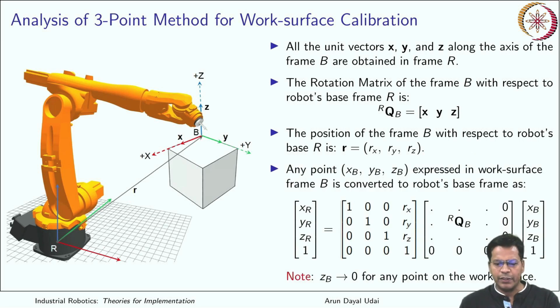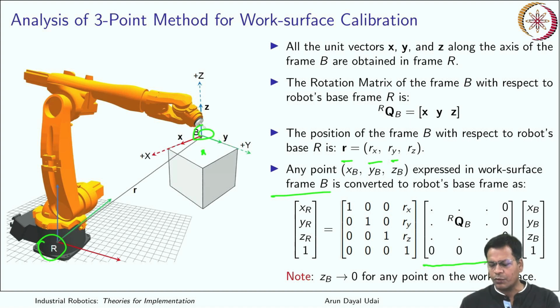So any point with respect to this frame, that is xb, yb and zb, expressed in workspace frame B, can now be quickly converted to the robot's frame by multiplying by the orientation matrix.